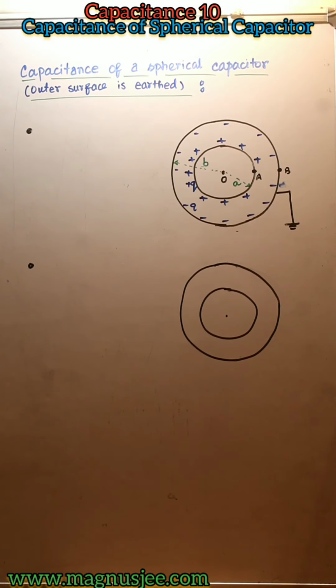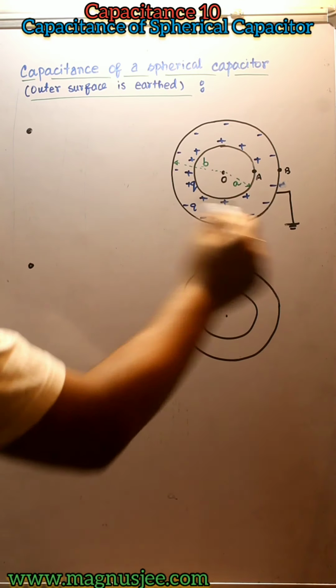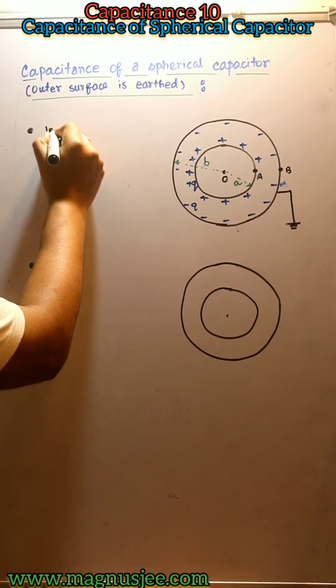Now additional information. In the first diagram we have two spherical shells and the outer shell is connected to earth.